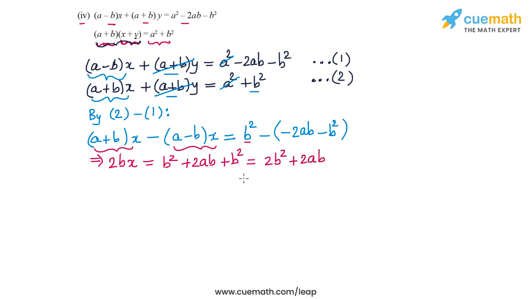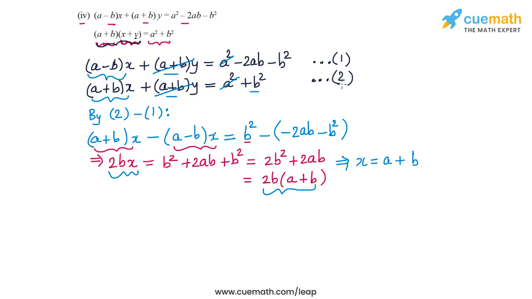I can take out a common factor of 2b, and that will leave me with a plus b. So I get 2bx is 2b times a plus b. If I cancel out the 2b factor, which is common on both sides, I can conclude that x is equal to a plus b. So this is what I get as the value of x.